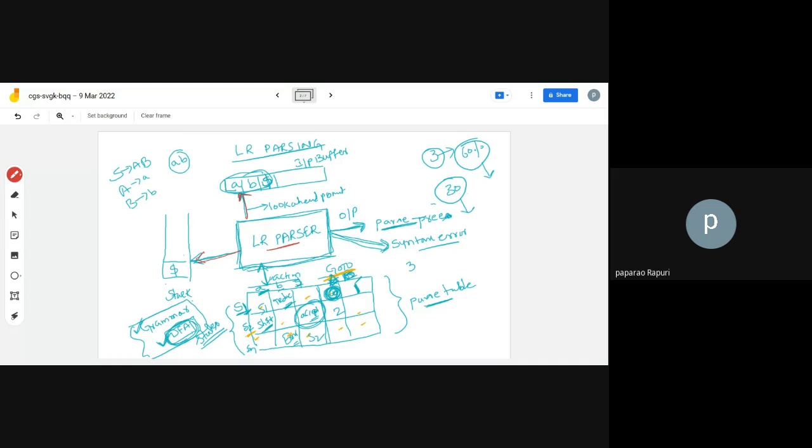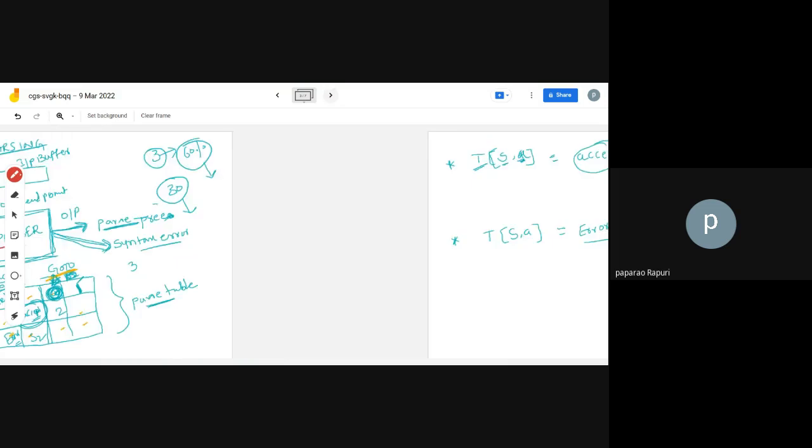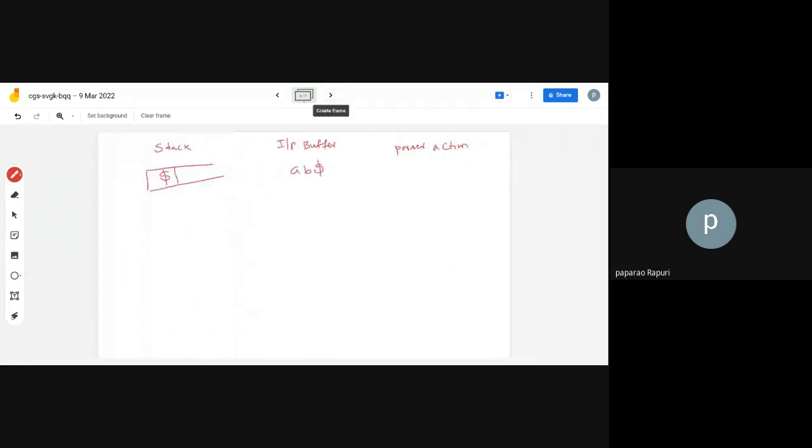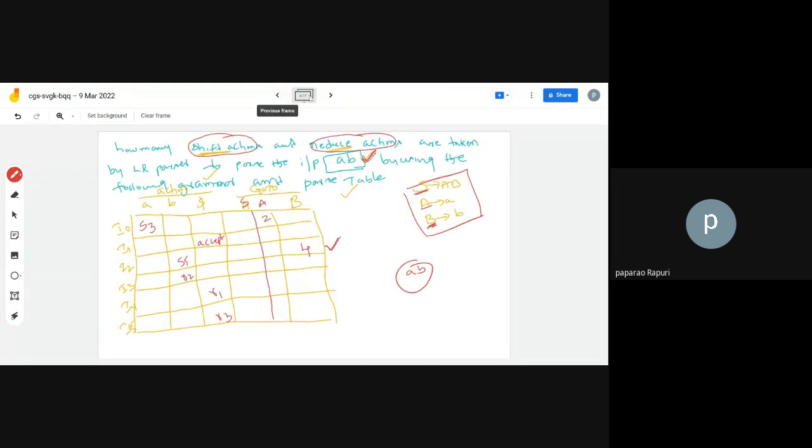Here there is no topmost symbol and the stack is empty, so we cannot do anything. That's why initially we push 0, which is the start state of the parse table, into the stack.